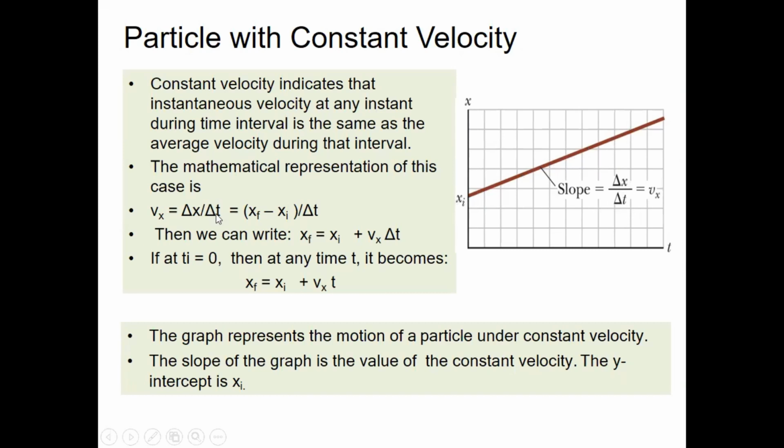And delta x over delta t is the slope, which is equal to the velocity along the x-axis; it is basically x final minus x initial divided by delta t. So I can rearrange the whole thing in the form of the final position equal to the initial position plus velocity multiplied by delta t.